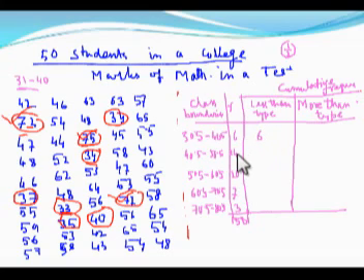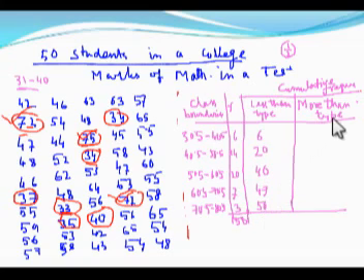The second is obtained by adding the second frequency and the first. Then the third is obtained by adding the third frequency and the second cumulative frequency, 20 and 20, making 40. The fourth is obtained by adding the fourth frequency 7 and the third cumulative frequency, so it will be 47. The fifth is obtained by adding the fifth frequency and the fourth cumulative frequency, so it will be 50.